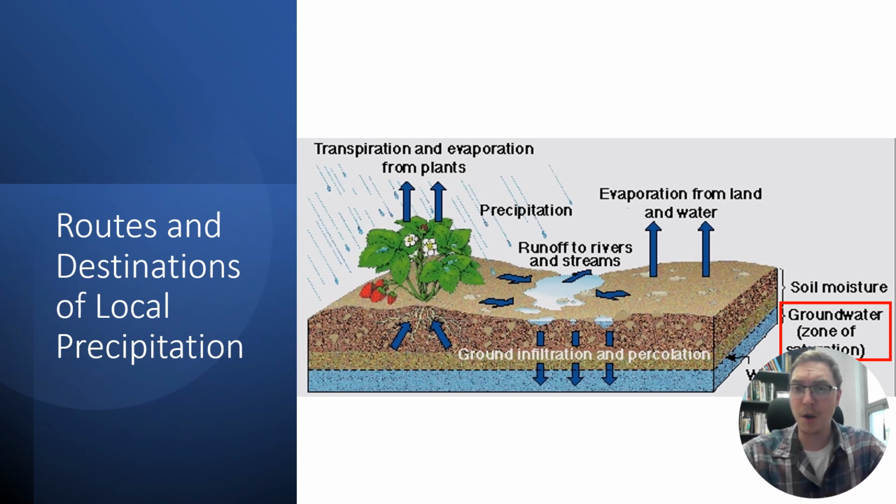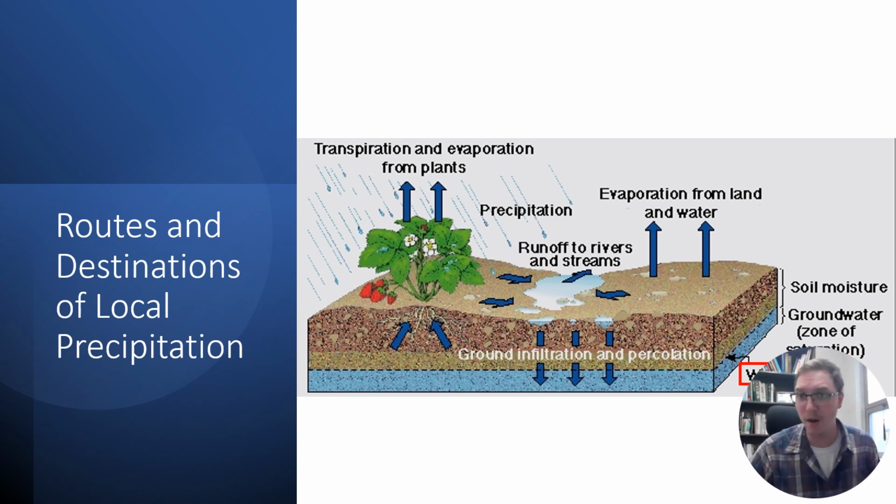And a key distinction here is between our unsaturated zone and our saturated zone. You might have heard the term water table before. Well, the water table is really just an expression of the top of the groundwater zone. So if you're below that, you're fully saturated. Water is filling all the pore spaces of your sediment. We'll see a little bit more about that today in lecture.